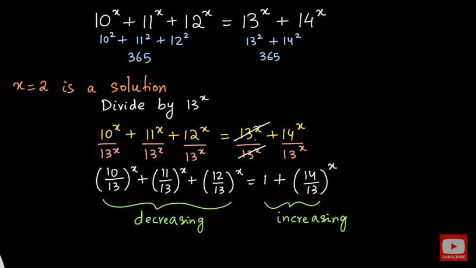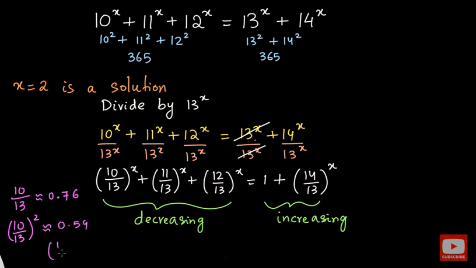Let me demonstrate it here. Take a look at this 10 by 13. This value is somewhere around 0.76. Now let me increase the value of x. We are taking (10/13)^x, right? So if I take the power of 2, this value will be approximately 0.59.